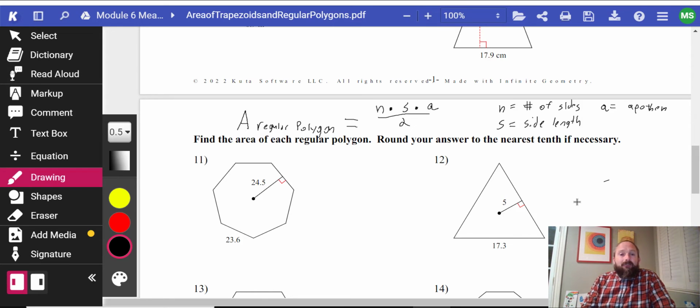Now that's from the side to the center at a right angle. And what is that length? So let me circle. So the length of from side to center. So let's find a couple more than we did for the trapezoid.